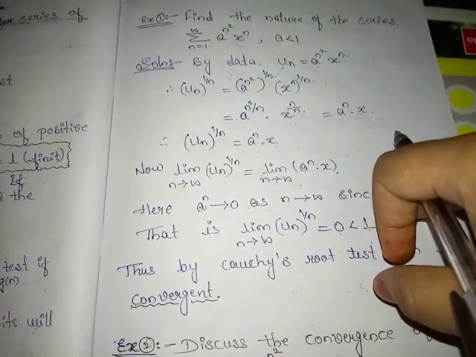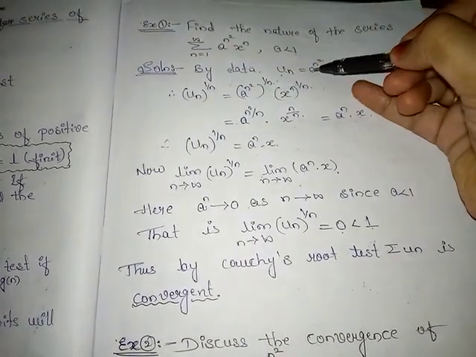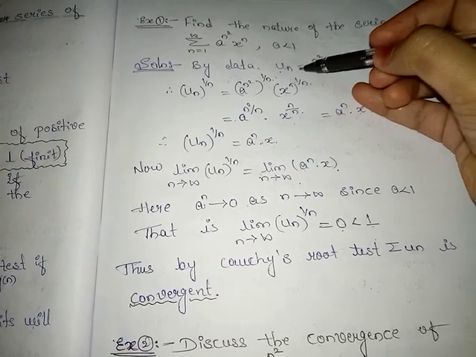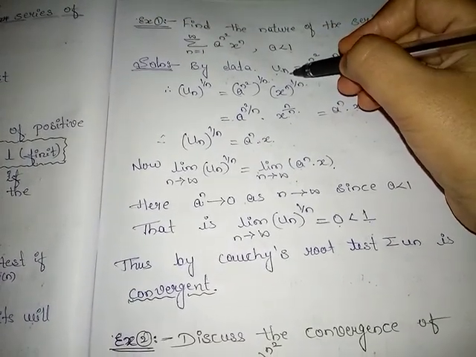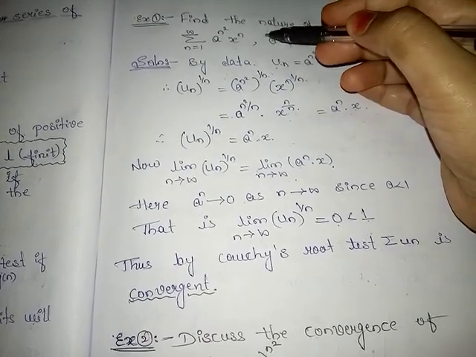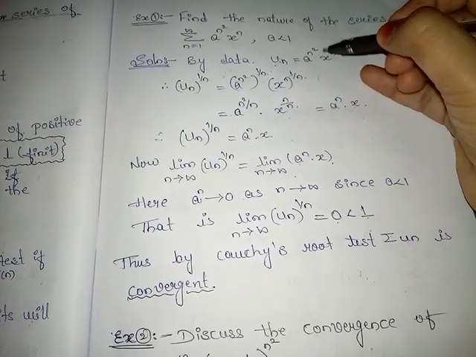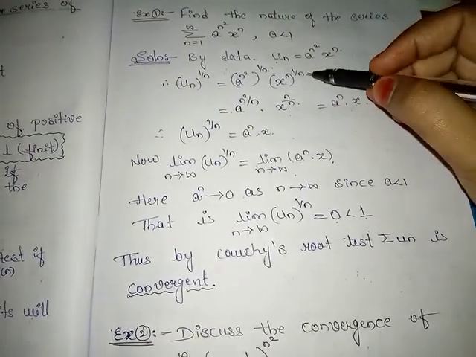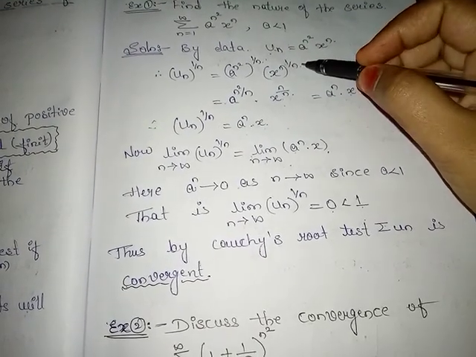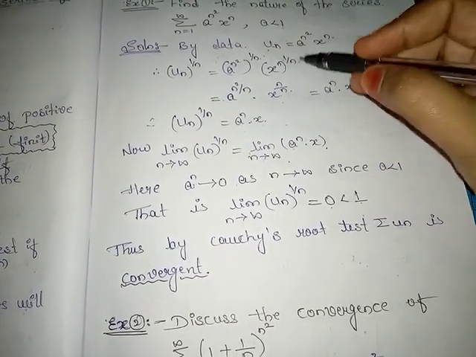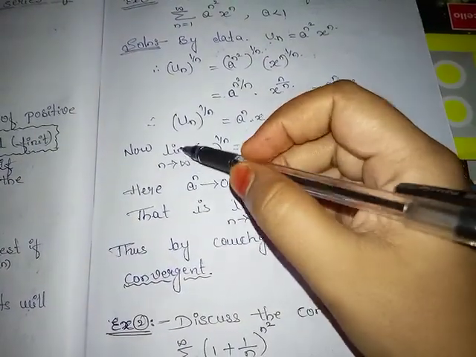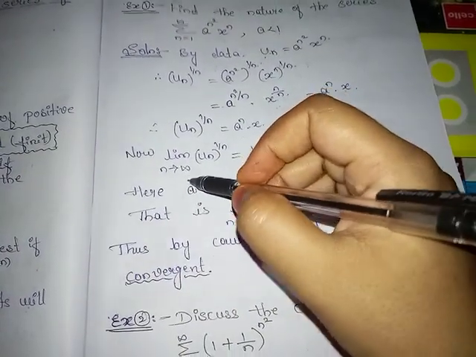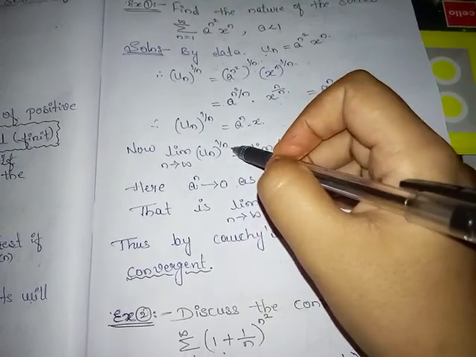Remember the steps involved here. First you have to identify what is given and write the un term, the nth term of the given series. Then find the nth term raised to 1 by n. Then apply the limit, limit n tends to infinity un raised to 1 by n.